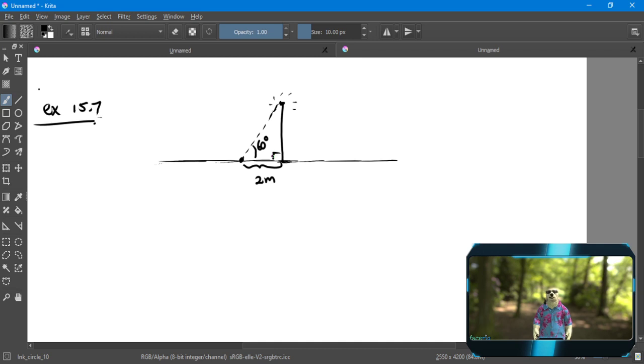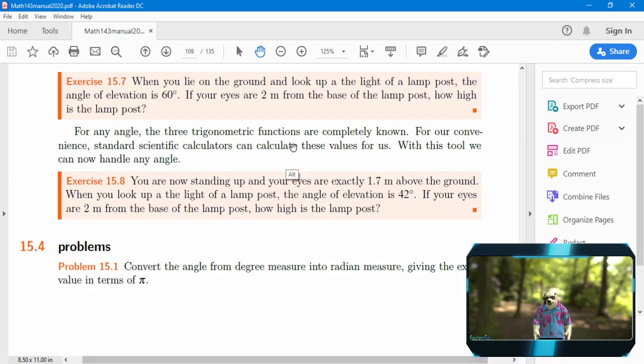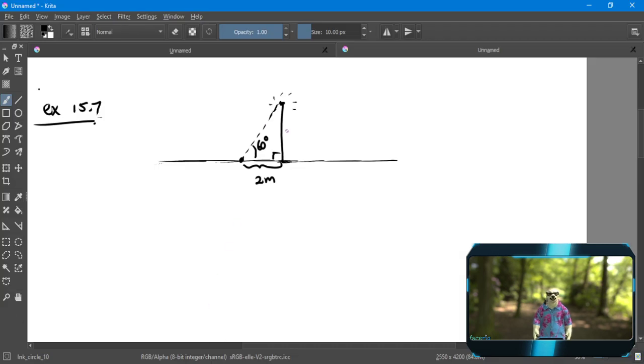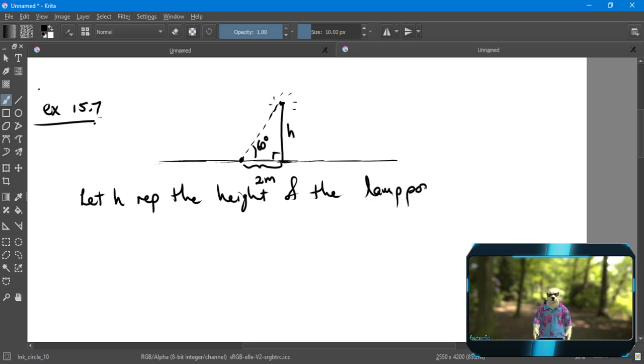And I want to know how high is the lamppost. So let's maybe call that h for height, and it's this length in the triangle that we all hopefully see. So I have to start by saying, let h represent the height of the lamppost.